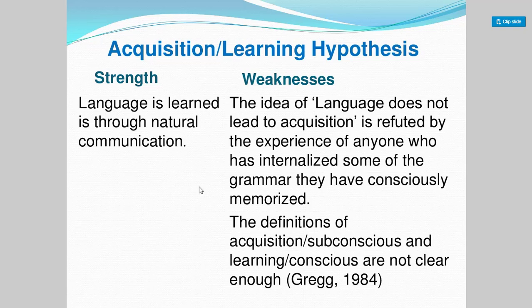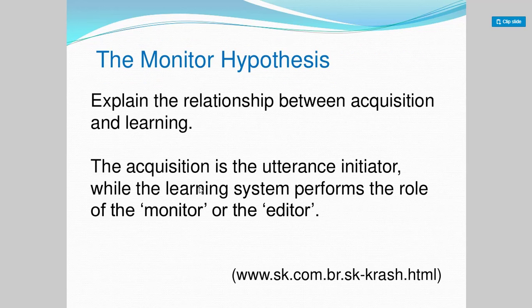But if you don't have a very good context for you to learn it, there's not going to be a very significant or meaningful learning. Okay. So right here, by Greg 1984, these concepts about acquisition, subconscious, and learning conscious are not clear enough, right? So that's the idea related to the acquisition learning process.